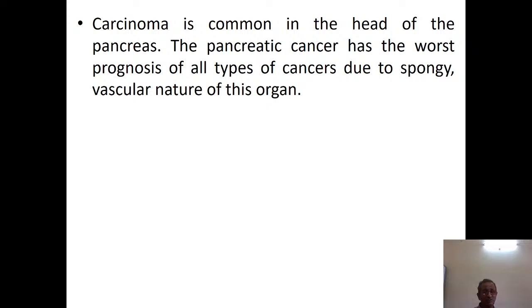The pancreas is very vascular, so the carcinoma can spread widely, and at the same time it can affect the pancreas itself, controlling the production of insulin. The loss of insulin means diabetes mellitus, and then patients are prone to infection, and the infection can lead to death.